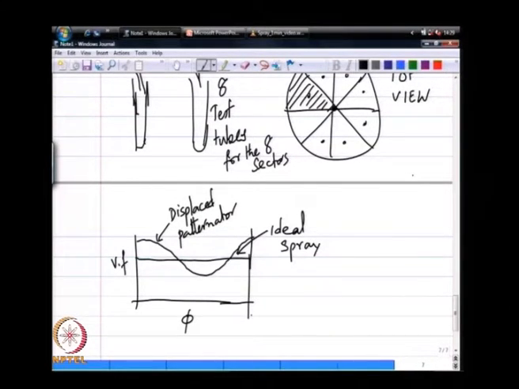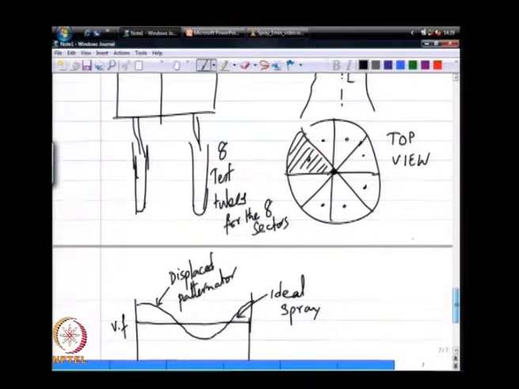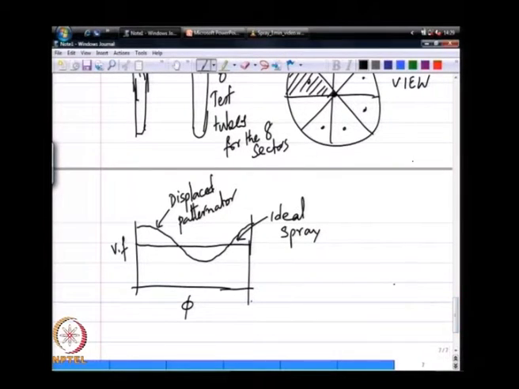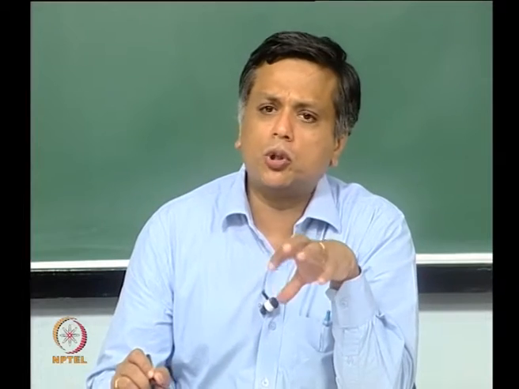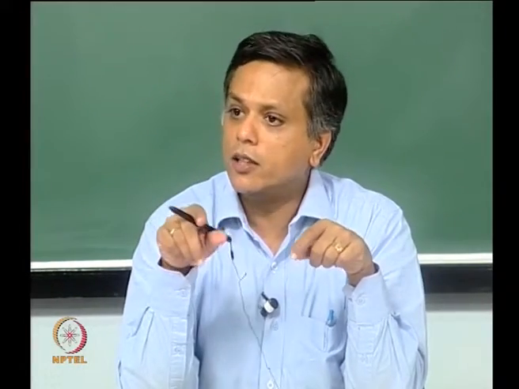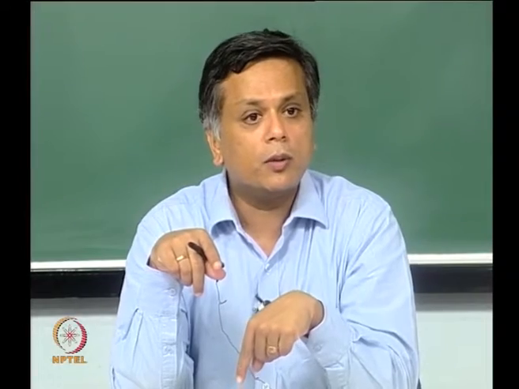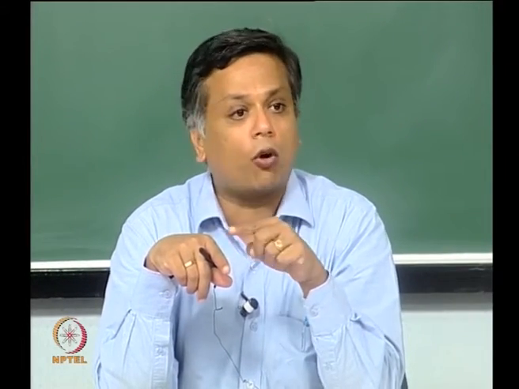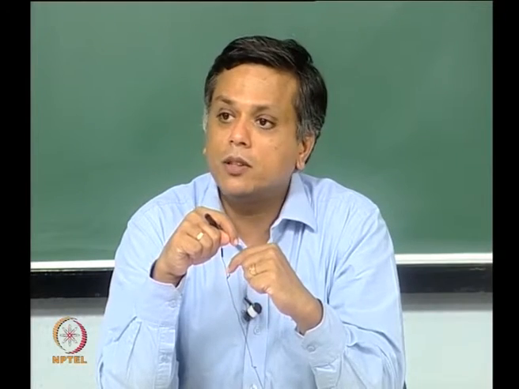Okay. And this displaced patternator, so if I take the volume flux measurement, what is usually done is I take the Fourier components of that volume flux in this phi variable. Any variation that is either like sin phi or cos phi is essentially due to a misalignment between the nozzle geometric center line and the patternator center line.